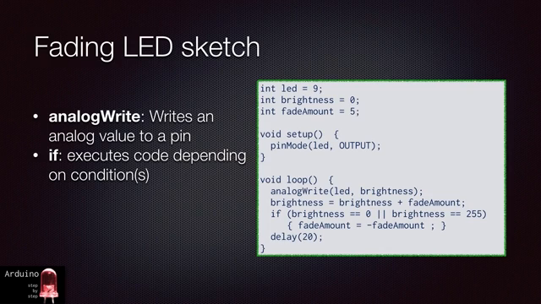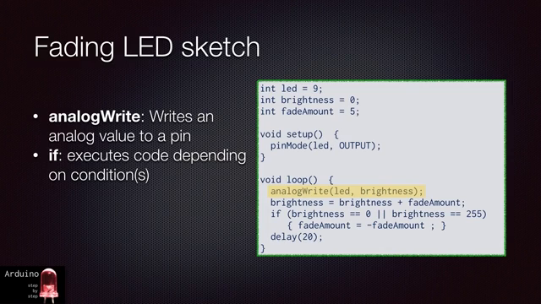The most important difference between this sketch and the one in Lecture 4 is that we now use analogWrite instead of digitalWrite. While digitalWrite can only output a high or low value, analogWrite allows us to output any value from 0 to 255, or to be more precise, any of 256 voltage levels from 0 to 5 volts. The higher the voltage on the pin to which the LED is connected, the brighter the LED will be lit.